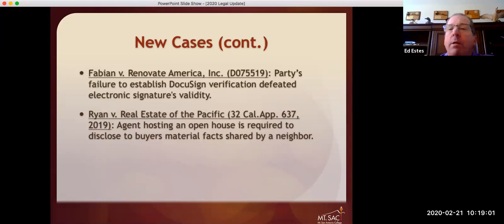And the court held that yes, if a neighbor tells a real estate agent something about the property or the neighborhood, then the real estate agent has an obligation to convey that to potential buyers. Now, this can be a little dicey because this information is arguably hearsay.